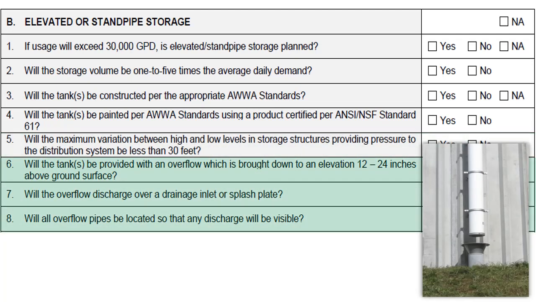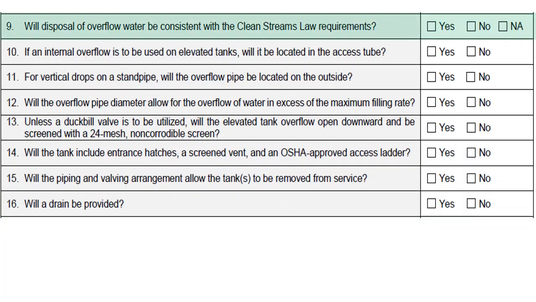Non-pressurized tanks should have an overflow which empties at an elevation of 12 to 25 inches above ground surface to allow for more easily controlled discharge. This should be discharged over a drainage inlet or splash plate. All overflow pipes should allow for the discharge to be visible. All overflow water disposal shall be consistent with the Clean Streams Law requirements.